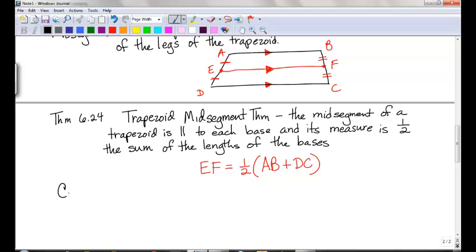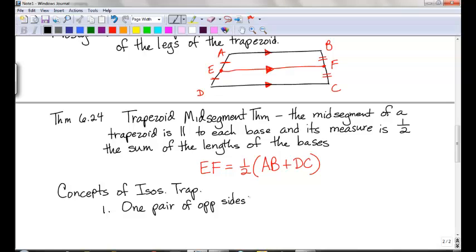Now I'm going to summarize the concepts of an isosceles trapezoid. Number one, they've got one pair of opposite sides parallel. The legs are congruent.